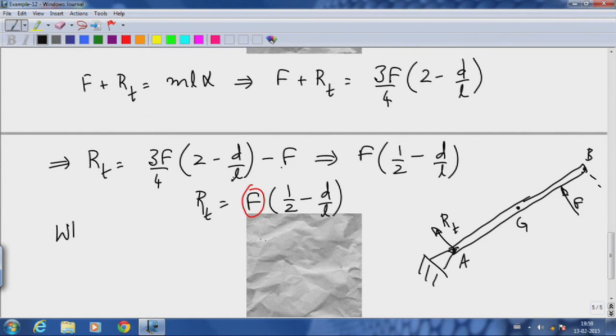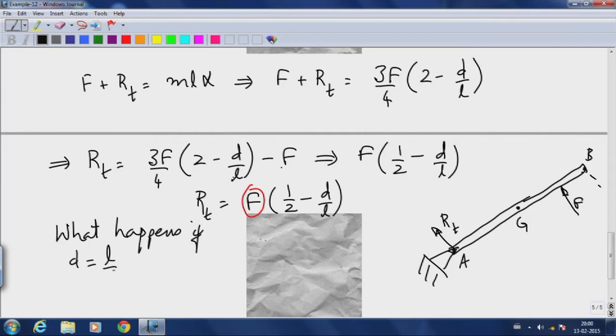So, let us say if I ask the question, what happens if d equals L over 2, that is, if this acts exactly L over 2 from G and from B, what happens? The answer is R t is 0.